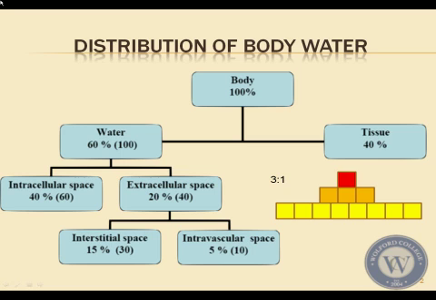There are three boxes that contain the interstitial space. If you take the four boxes together, interstitial space plus intravascular space, you can then double it, and that would be the amount of intracellular space.